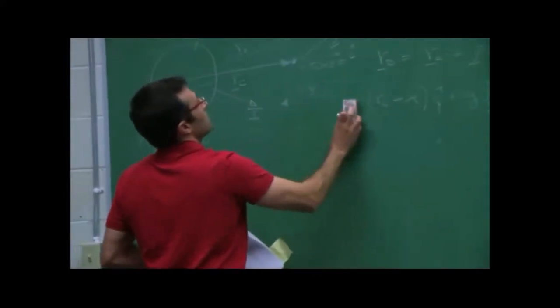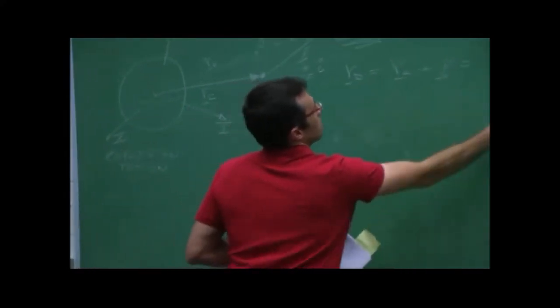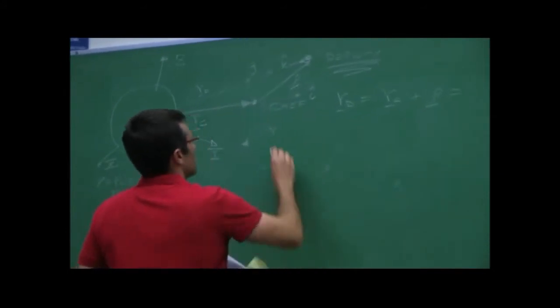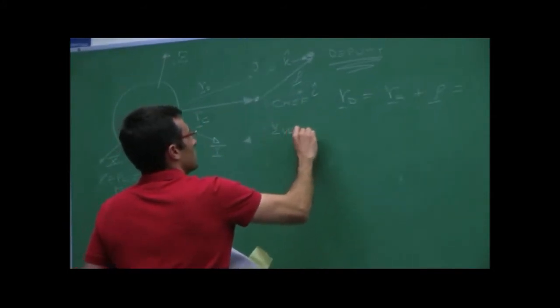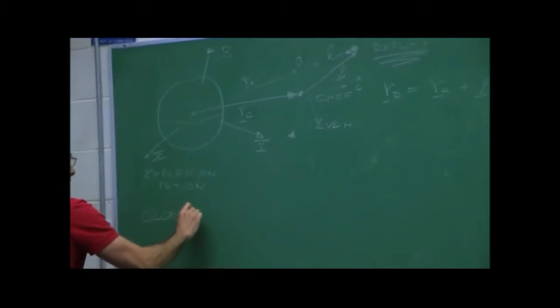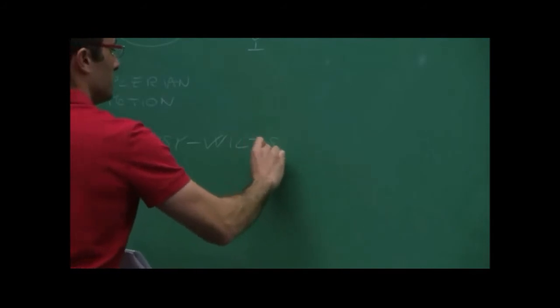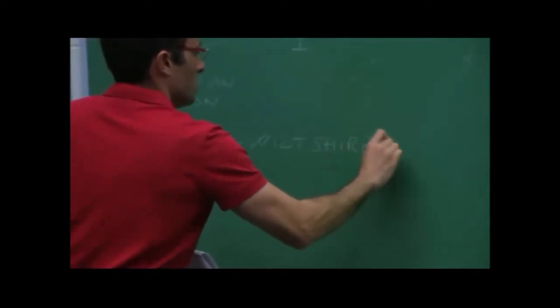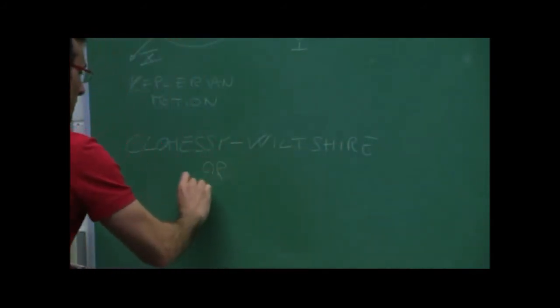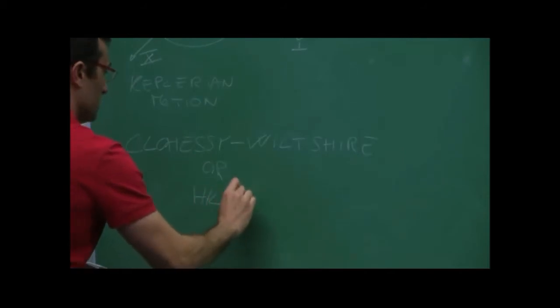Now, the equations I gave you at the very beginning of last class, as I said, I don't know if I wrote these, are called Clohessy-Wiltshire, those linear equations, or Hill's equations, because they were developed in parallel by different people.